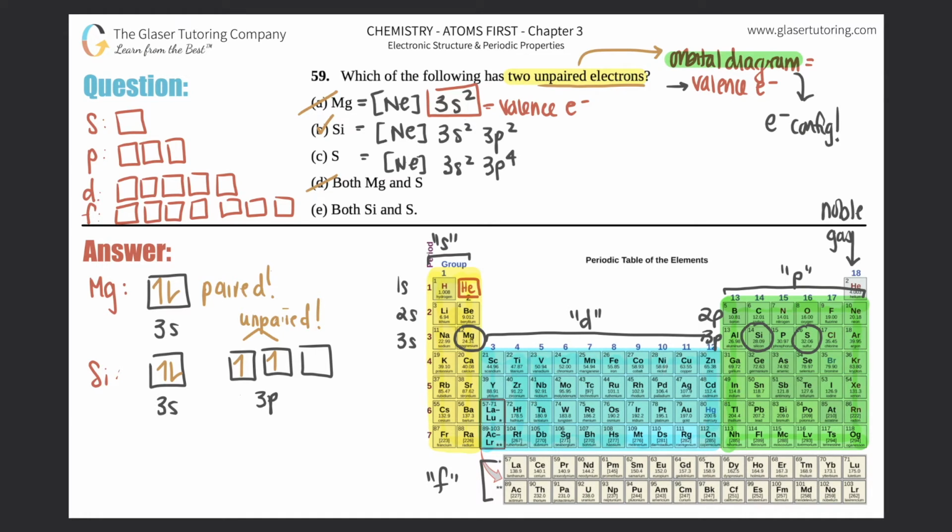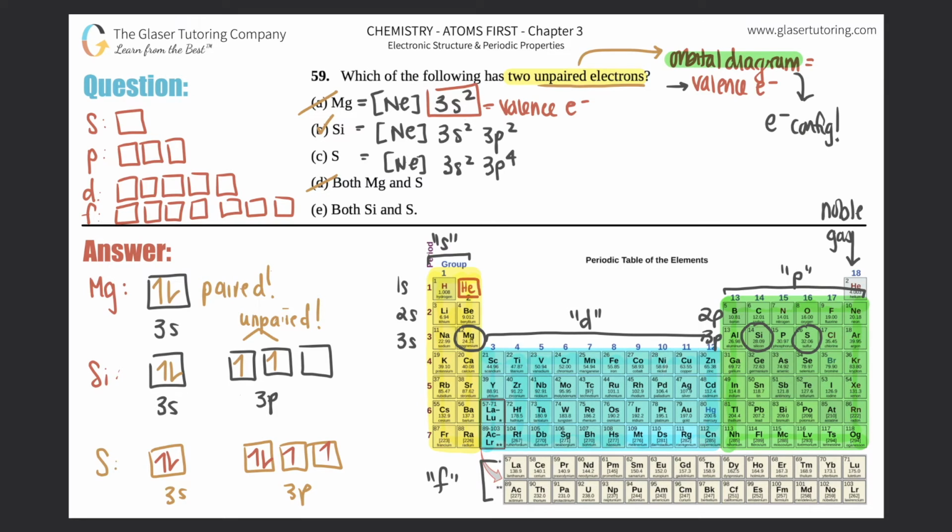Let's draw the diagram for sulfur. You have 1 box for 3s and 3 boxes for 3p. The 2 electrons are in 3s, and now you have a total of 4 electrons in the p's.